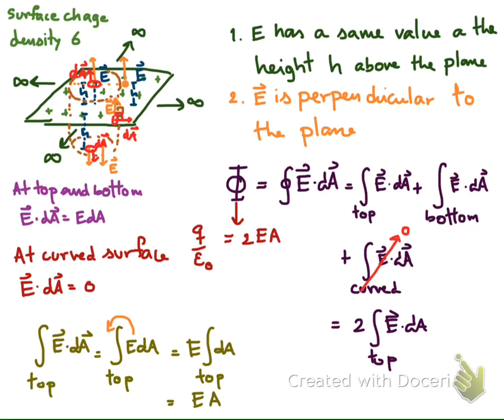This Q is the charge inside the Gaussian surface, which in this case is the charge on the plane inside the Gaussian surface, this means here.